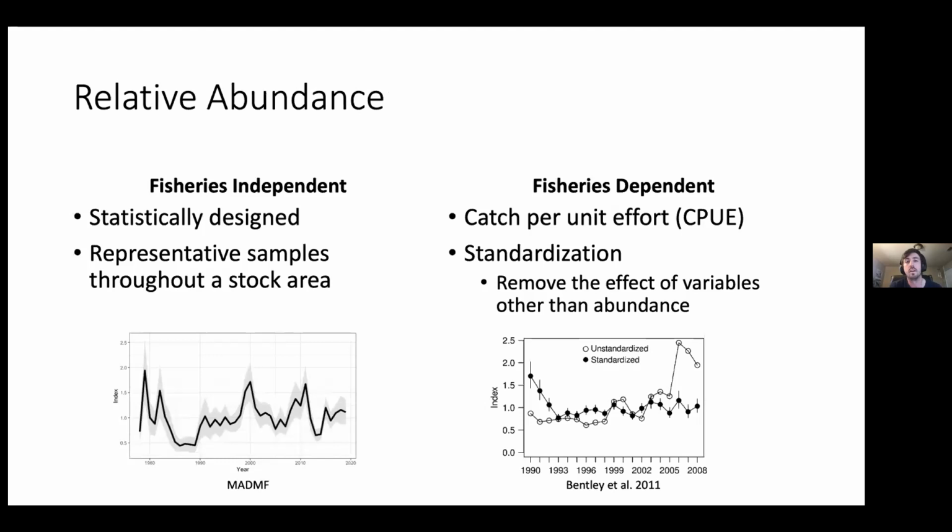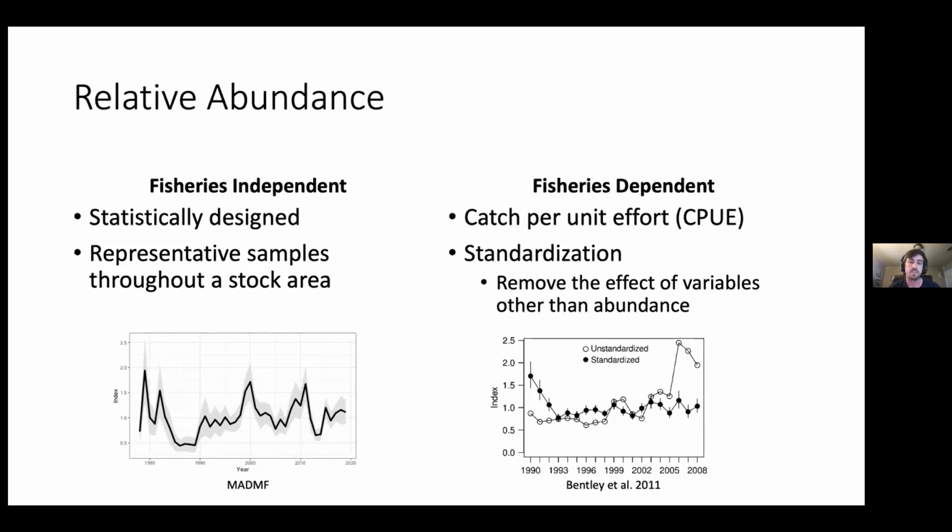So to get relative abundance estimates to put into the assessment model, you can get them from two major data sources. The first one is fisheries independent, and the other one is fisheries dependent. Depending on which data source you have available or you go with, it's going to have some assumptions, and you're going to have to do some prep for it before you use it in the stock assessment.